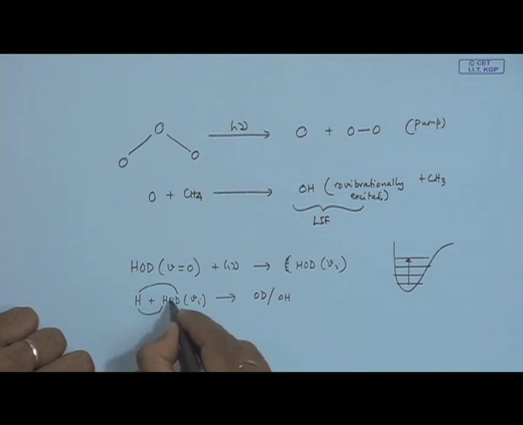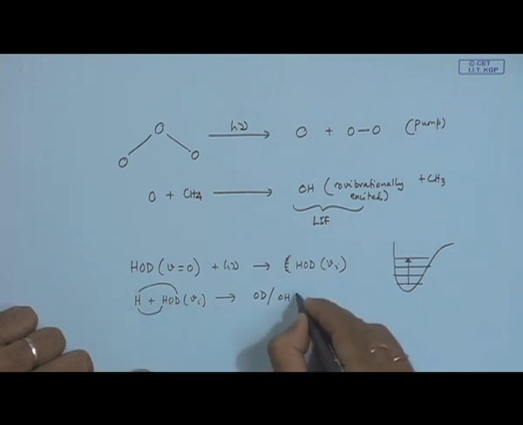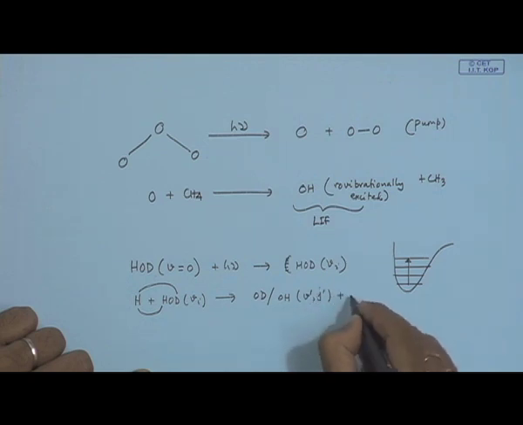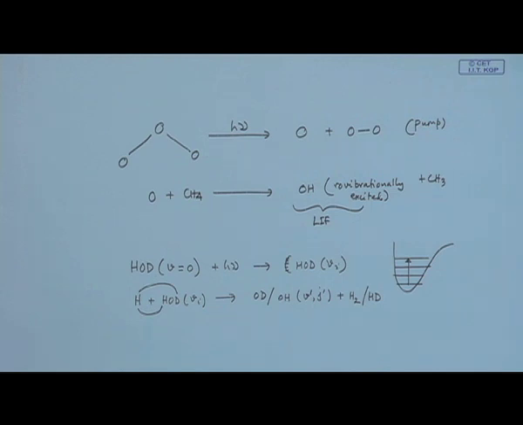If this happens it will generate OH, and if that happens it will generate OD, along with the product state v prime, J prime, plus H2 or HD. So there are two options: either H approaches from the side of hydrogen or from the side of deuterium, giving rise to these two products.